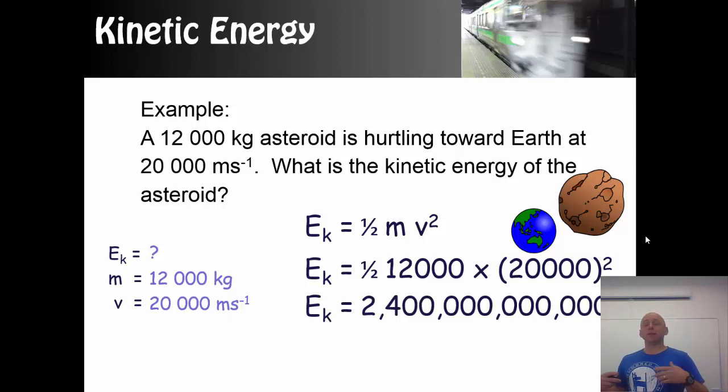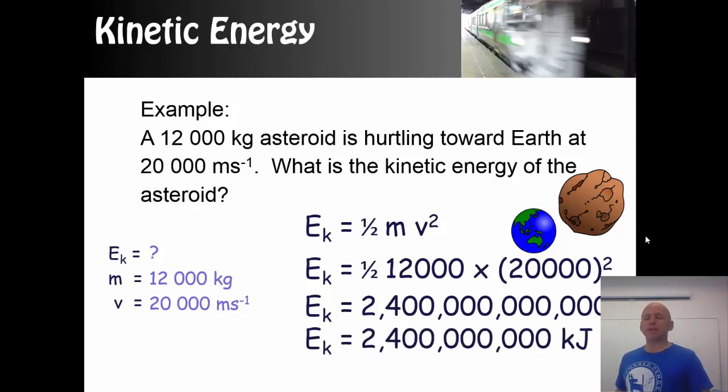When we put this into our calculator, or you can do it in your head if you like, we come up with the number 2.4 trillion joules. Huge number. We may like to take off 3 of those zeros so we don't use up so much ink, and that would change it to 2.4 billion kilojoules.